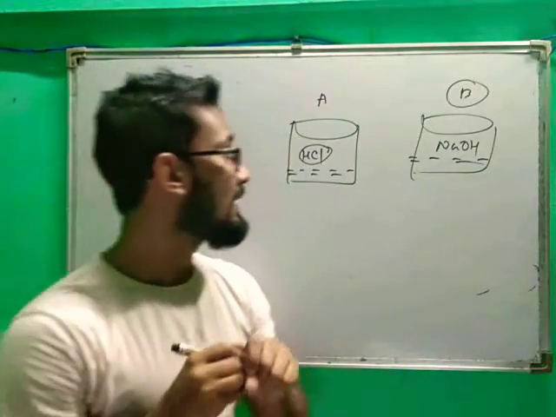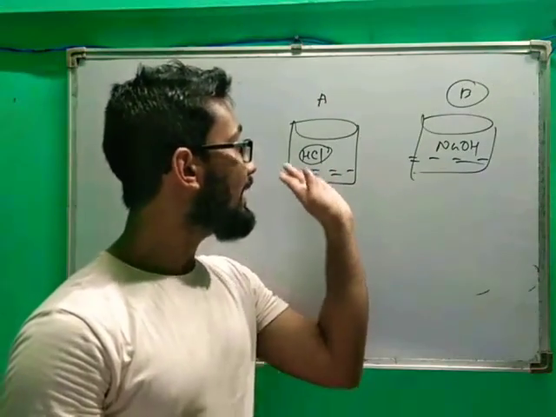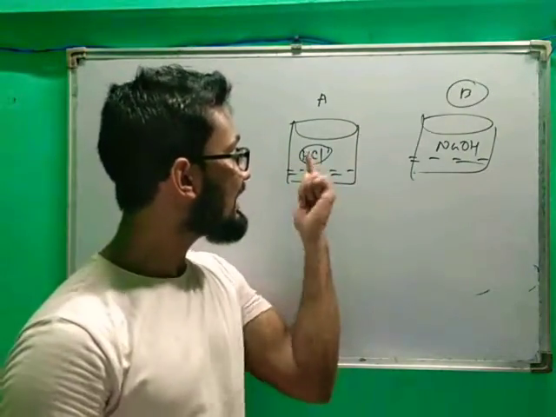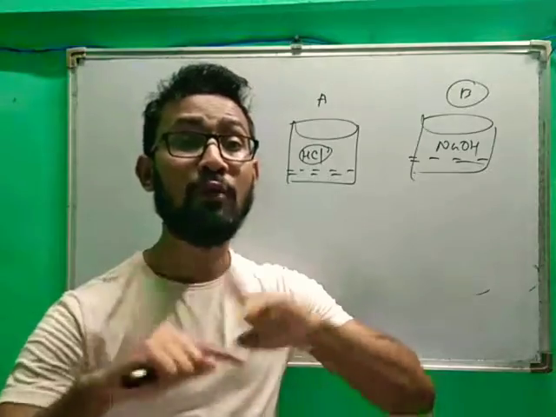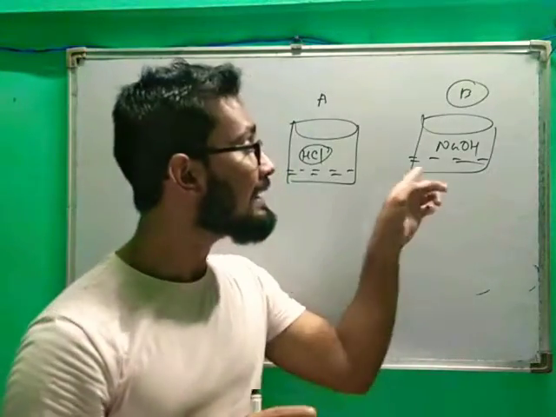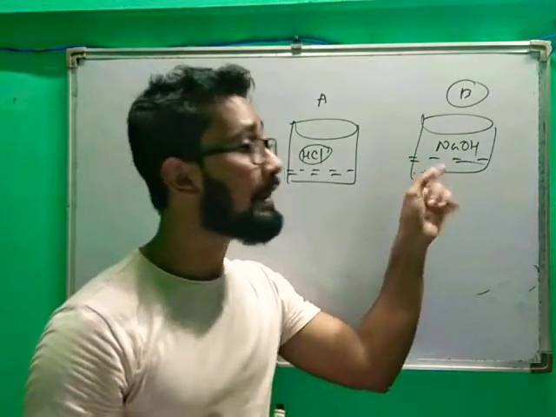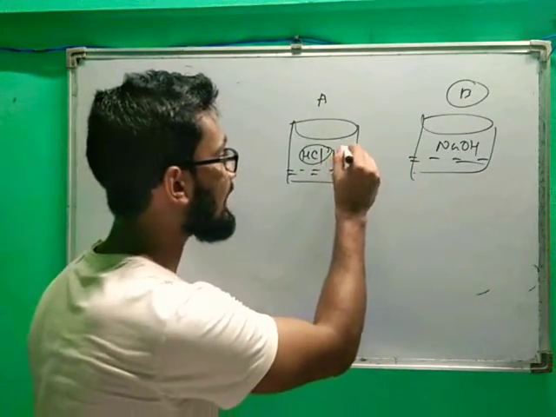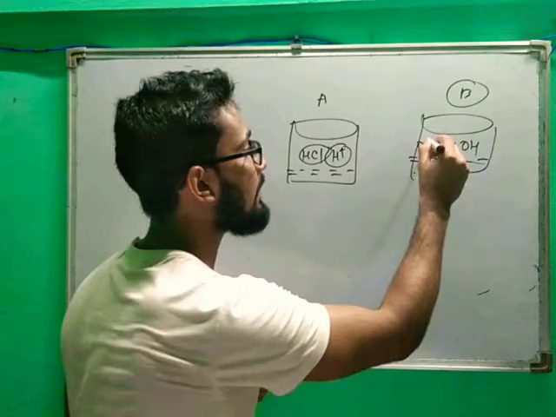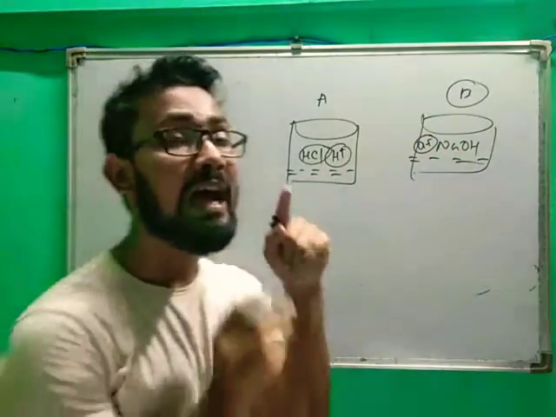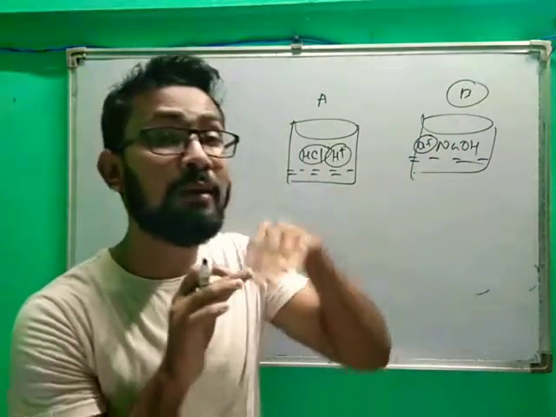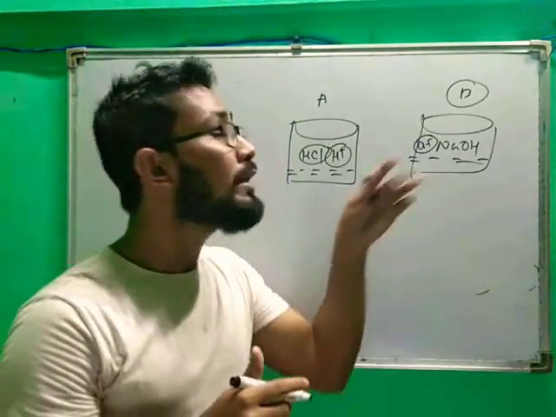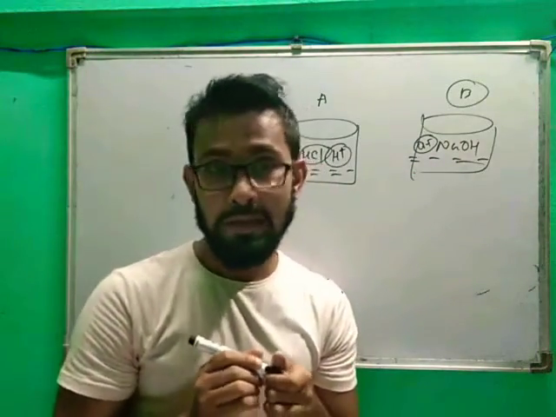As I add more HCl, after mixing with the water it will produce more hydrogen ions. In the other case, the hydroxide ion will be more. This will liberate H plus ion and this will liberate OH minus ion. So here the number of hydrogen ions will be more, and here the hydroxide ions will be more, per unit volume.